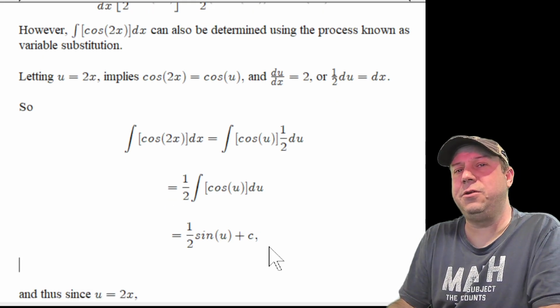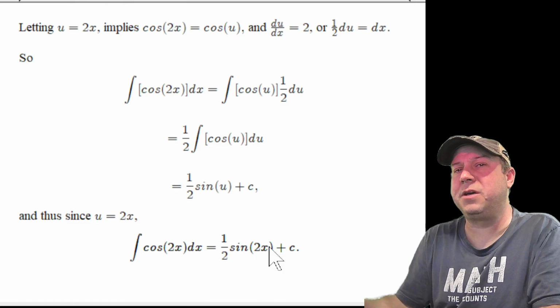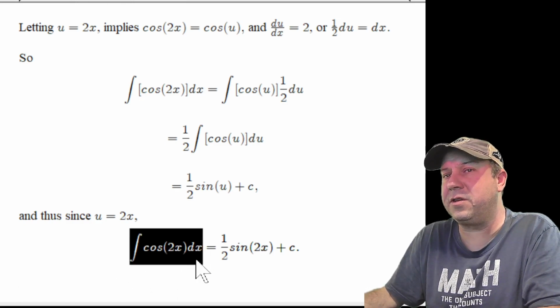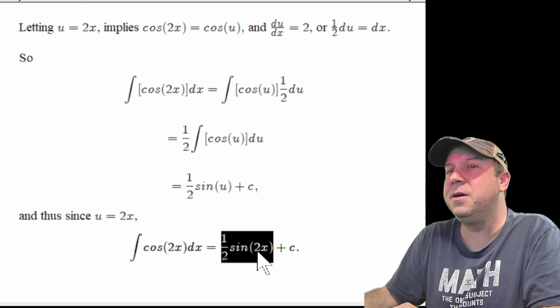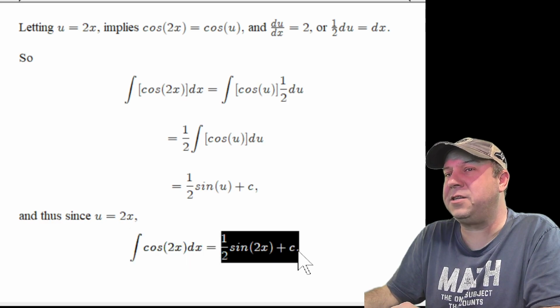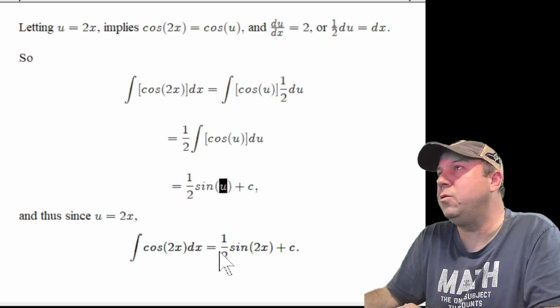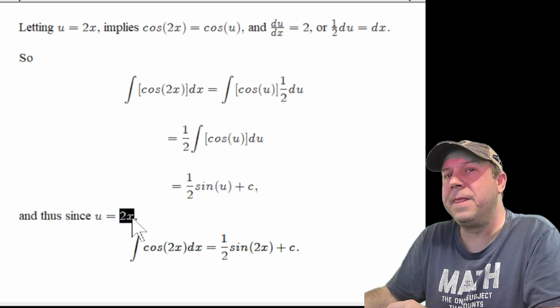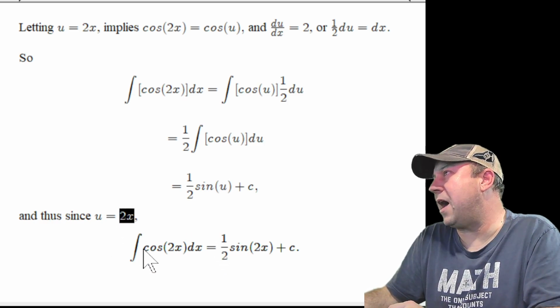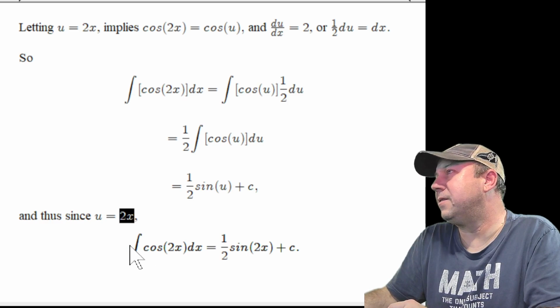So since u is equal to 2x, we can end up concluding that the antiderivative for the cosine of 2x dx must be equal to 1/2 sine of 2x plus c, substituting in for this value of u inside of 1/2 sine of u, the value of u equal to 2x. Right?